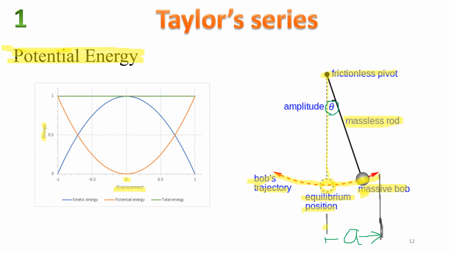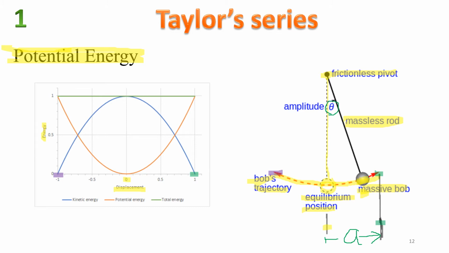So this is the mean position. Then the extreme position is this. For the bob it is here, and on the chart it is here. The other extreme position is here. On the graph it is at -1. So these are the correlations that I want to establish between the physical experiment and the graph we are talking about.